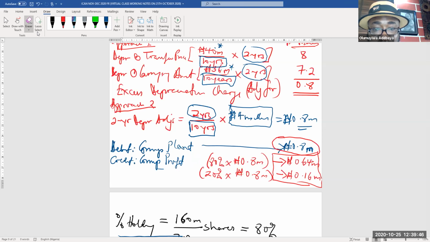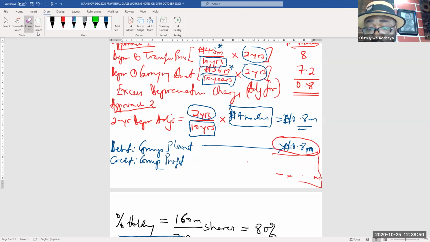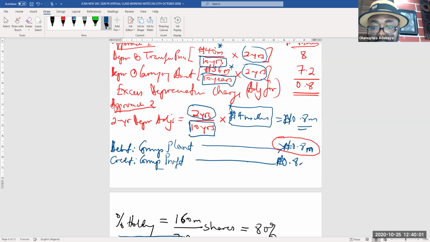Nothing like 80%. The adjustment is on the books of the parent where the depreciation has been overstated. Which means you come here to affect it. Which means the subsidiary sold plant to the parent 2 years ago.